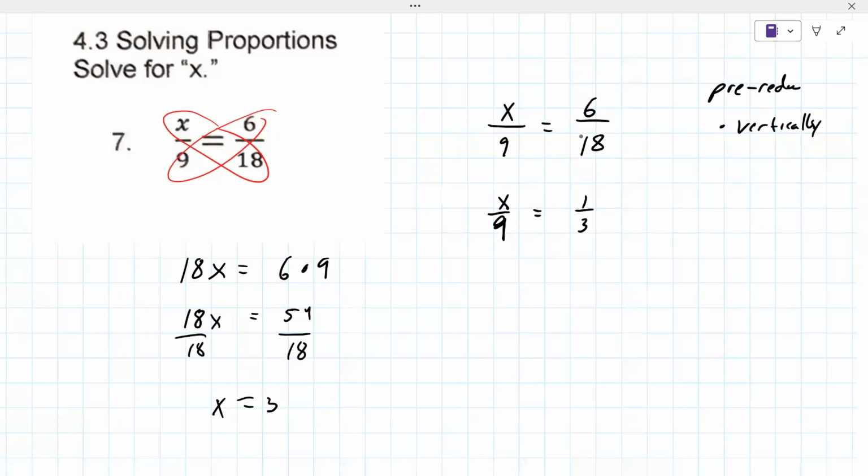All right, if you can do that, that's great. Now it's even better. You can actually reduce horizontally, which a lot of students don't realize. So it becomes x over 3 equals 1 over 1. Now when you cross multiply, you get 1x equals 3, which is the same.